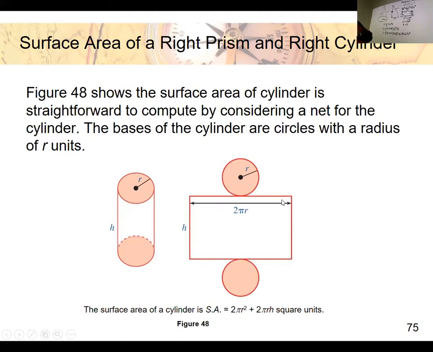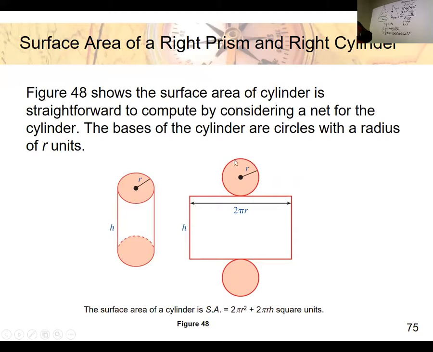Now the 2 pi r comes from the distance around the entire circle, which is what we call the circumference. So here the circumference of the circle would be 2 pi times the radius. And then you have your height. So that's 2 pi r times the height. That's going to be the area of this surface.